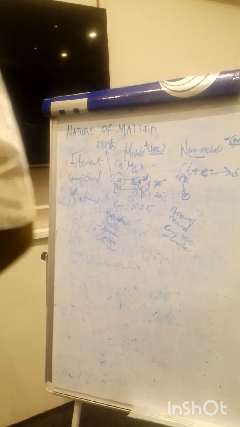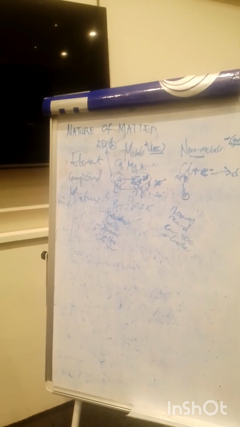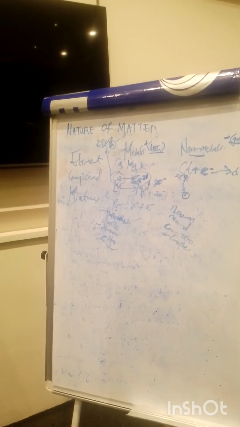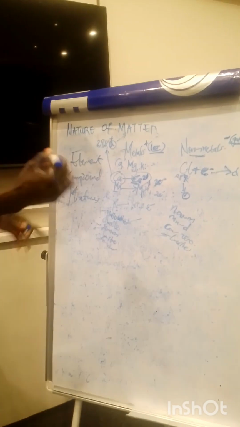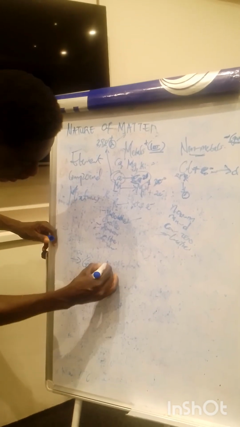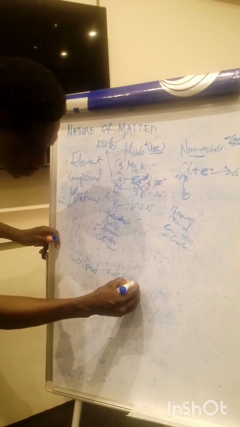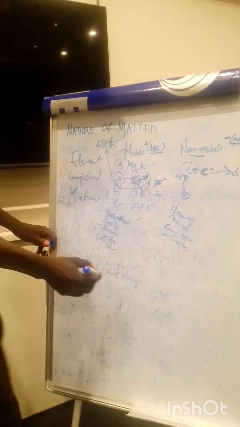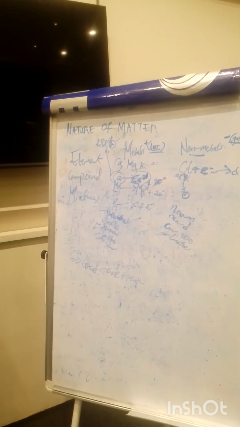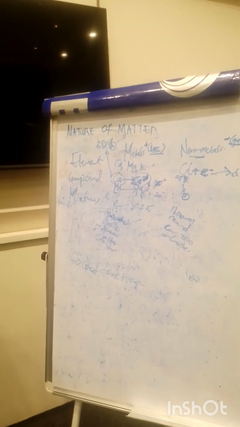Let's check another difference. Metals have great tensile strength. Let's talk professionally: great tensile strength. Why that of non-metals, they will have low tensile strength.